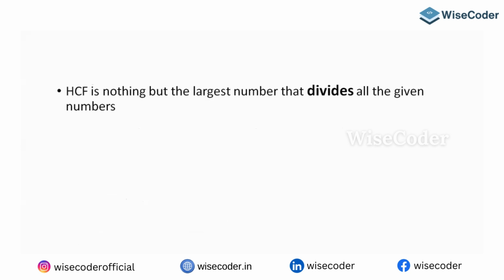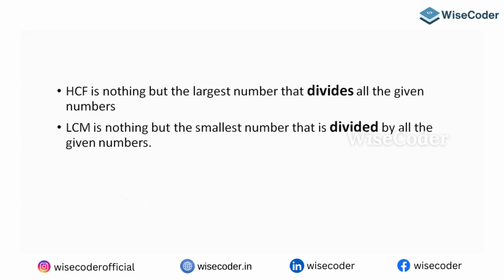Please, this is important. HCF is nothing but the largest number that divides all the given numbers. LCM is nothing but the smallest number that is divided by the given numbers. A factor divides, a multiple is divided by the given numbers.